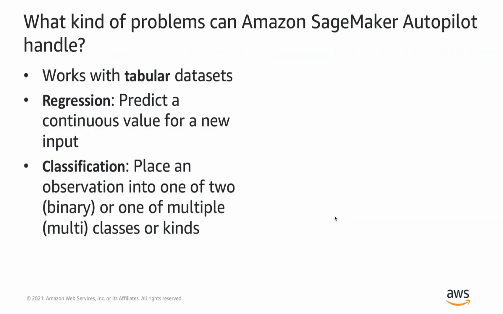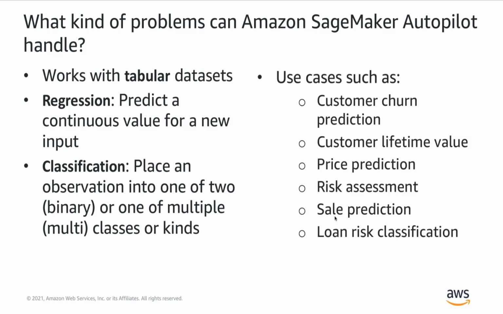Okay, so what kind of problems can Autopilot solve today? As I mentioned earlier, Autopilot works with tabular datasets, and today we support regression and classification problems, both binary classification and multi-class classification. So whether you're trying to predict a continuous value, or you're trying to place an observation and classify it into two or multiple categories or classes, you can do so. So what does it really mean for your business problems?